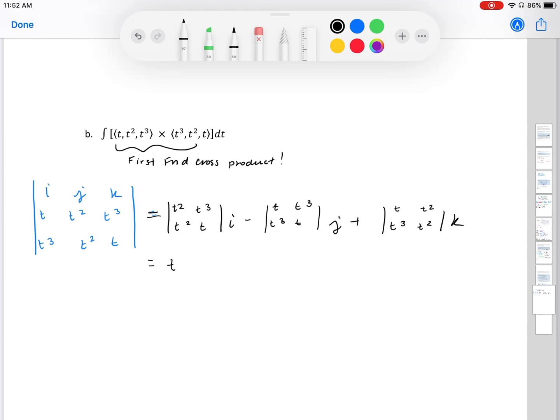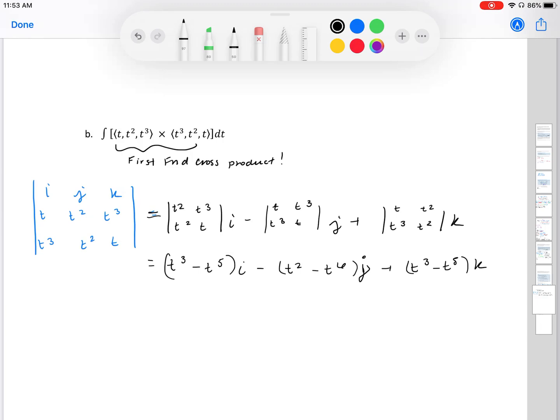So we have t cubed minus t to the fifth power i, minus t times t is t squared minus t cubed times t cubed is t to the sixth power j. And then we have plus t times t squared is t cubed minus t to the fifth power k.